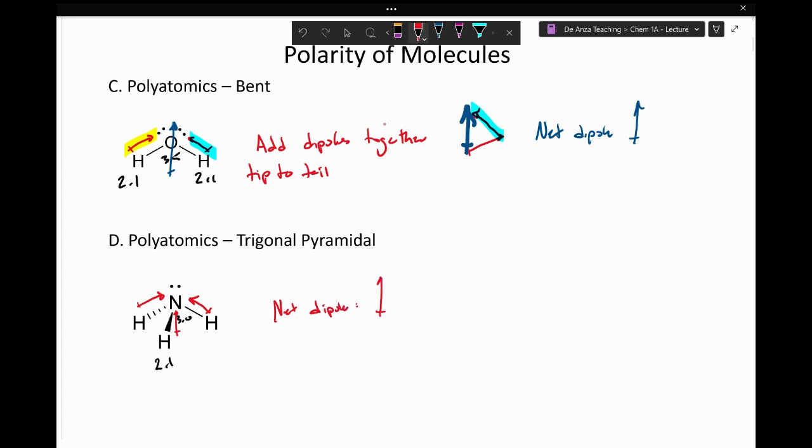And that's because the 3D aspects of the two hydrogens cancel out, like going behind the board and coming out of the board and going into the board. The 3D, like the Z coordinate, cancels out, and you really only get a Y coordinate that goes up. So in this case, we can just say the 3D component cancels out, just like the left to right nature canceled out for oxygen.